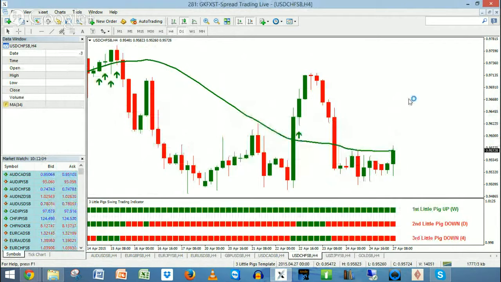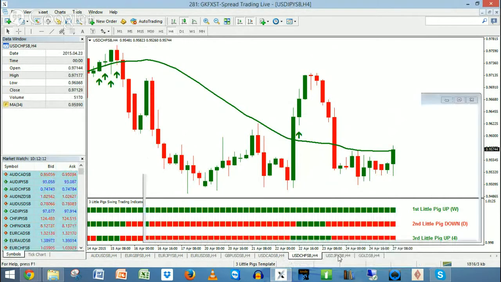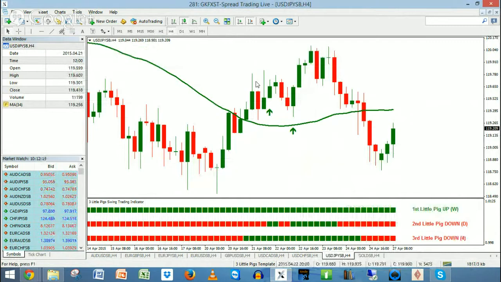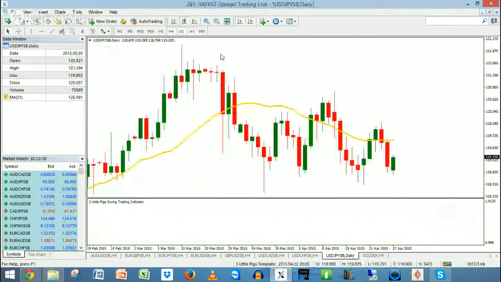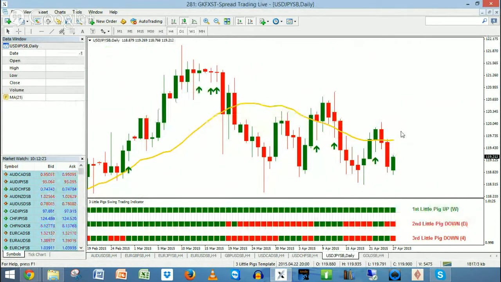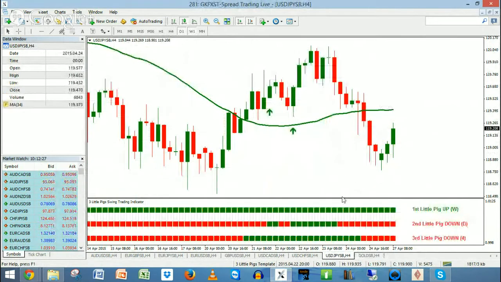We'll just have to wait for a late entry similar to this one here, if we do get that move up. Okay, USDJPY, we're up on the weekly, and we have been for a long time. And the daily, it's a very similar pattern to the USDCHF. So we need this to move up on the daily and get a signal on the 4 hour as well for an entry on the long side.